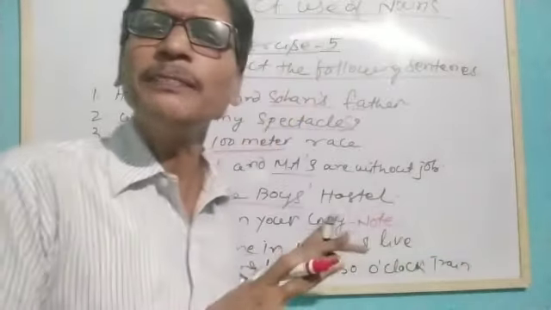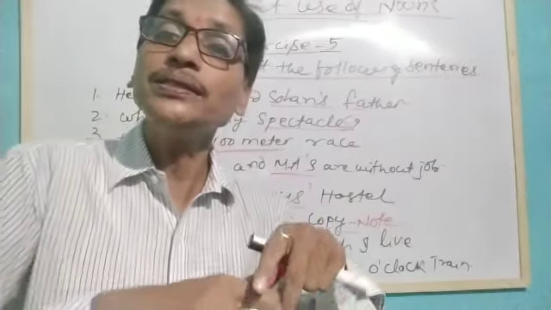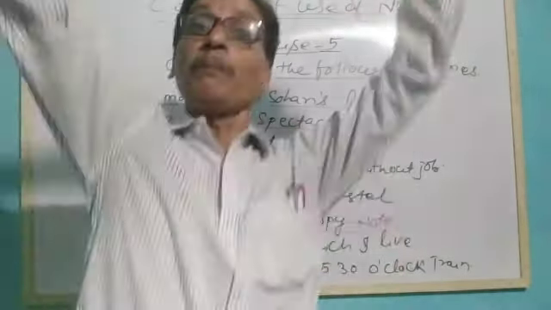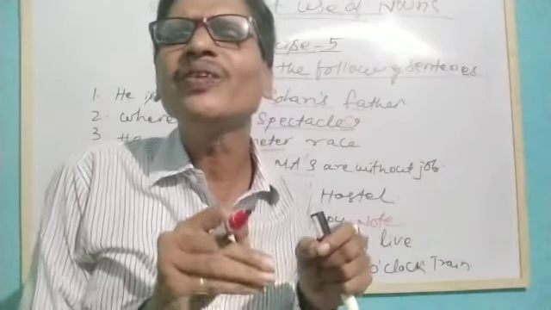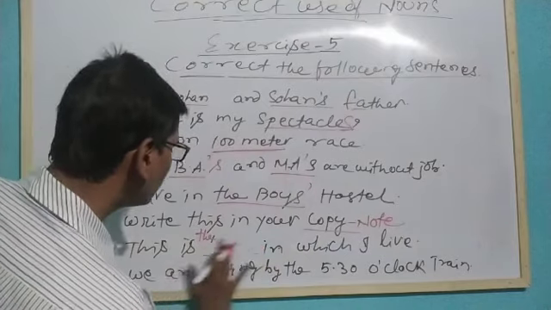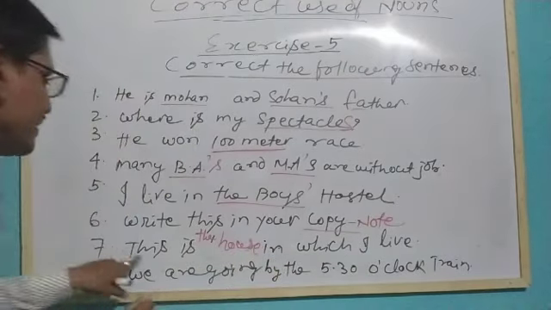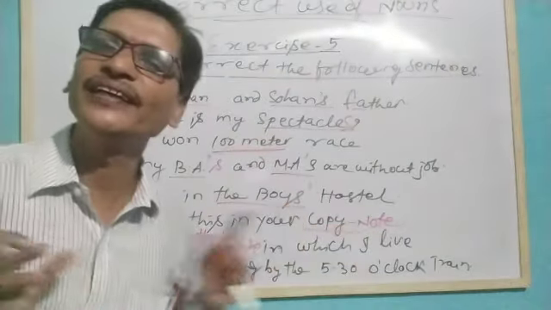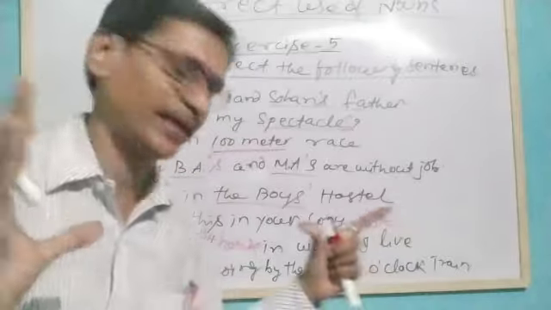Therefore, here the sentence does not talk about the entire world as our home. It is talking about where we live. That means instead of home, we can use house. This is the house in which I live, particularly. Home has a broader meaning.